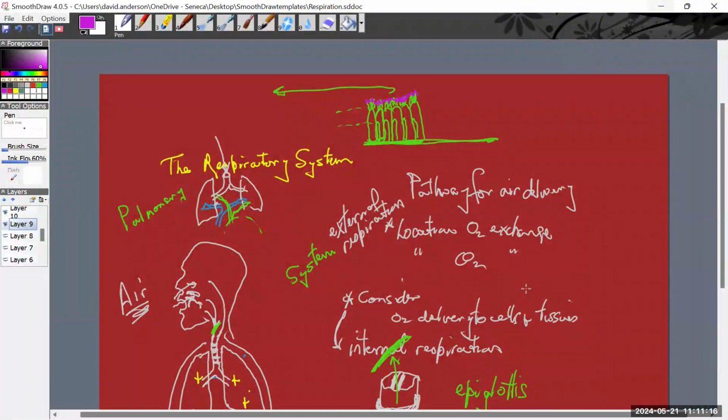So these airways also serve another purpose. This airway is the pathway for air down deeper into the lungs. So the mucus is moist, so that's going to provide some moisture to the potentially dry air.